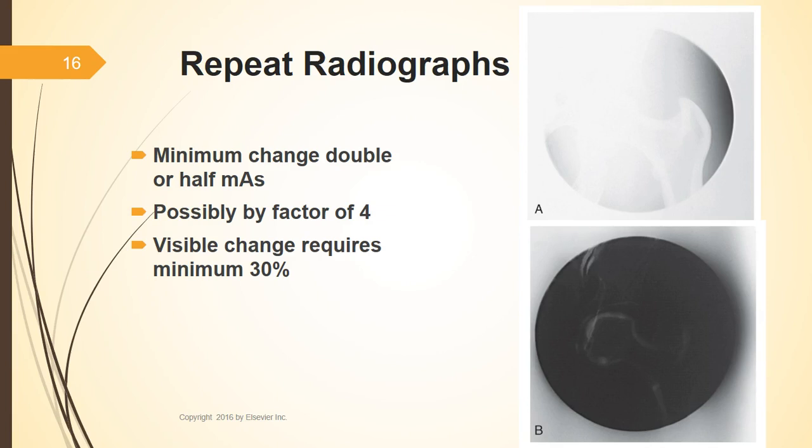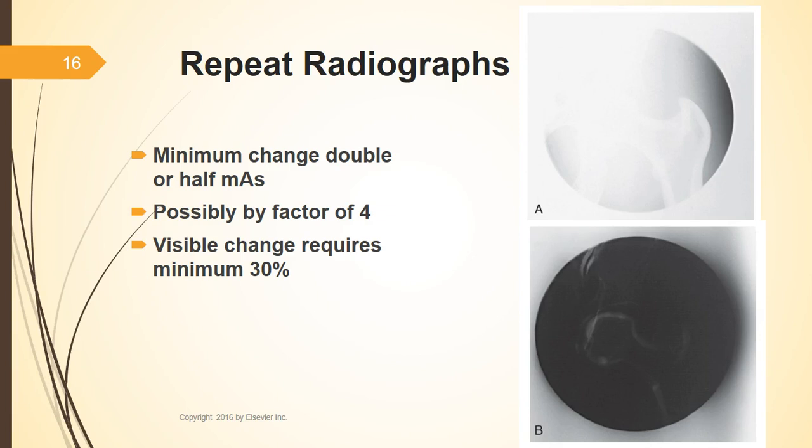So here we'll take it this way. If this was 20 mass and it wasn't enough, you're going to have to go up to 80. If this was 20 mass, you're going to have to go all the way down to 5. So you go by the 4th. So just think about it that way, and that's what it takes when you see a repeat.